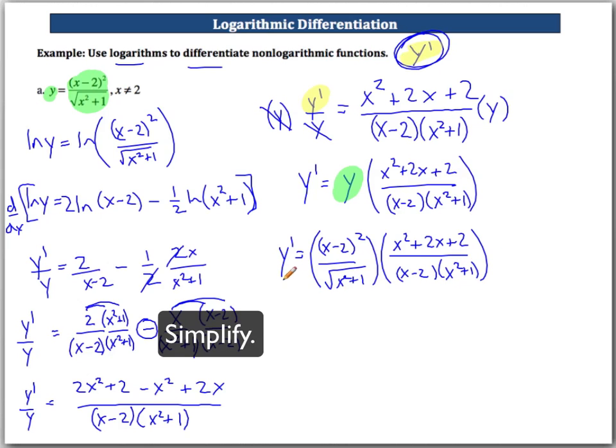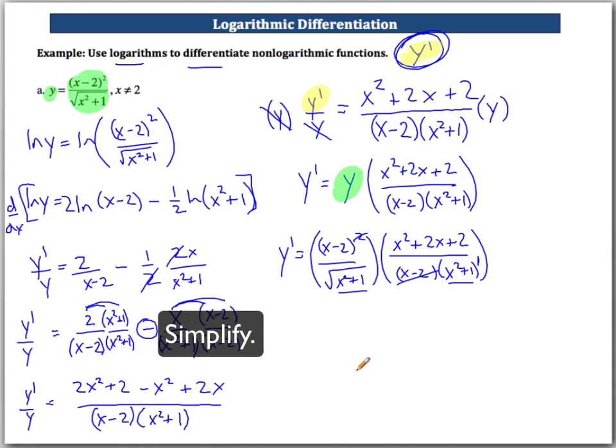Alright, and the final step now is to simplify this. So here we can see an x minus 2 squared and an x minus 2 on the bottom. So I can cross that out and get rid of the 2 there. And now I can see x squared plus 1, and here's an x squared plus 1. So we're going to add these exponents, the 1 and the 1/2.